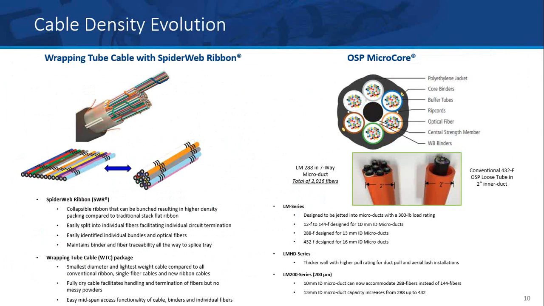And then lastly, we have the LM200 series, which essentially takes a very similar style design, but again, shrinks everything down. Because now we're going to shift from a 250 micron fiber, same 125 micron glass, but a smaller 200 micron coating versus the legacy 250. Splicing is all the same. It uses the same fusion splicers because it's all the same 125 glass, just with advances in coating technologies.